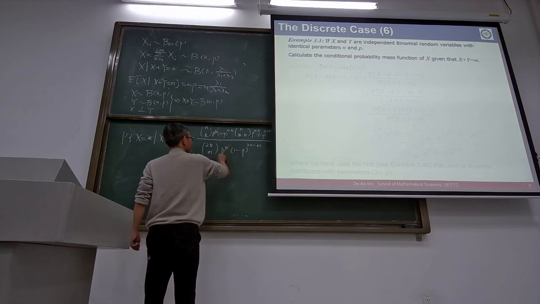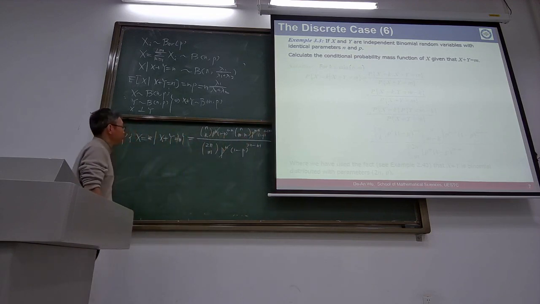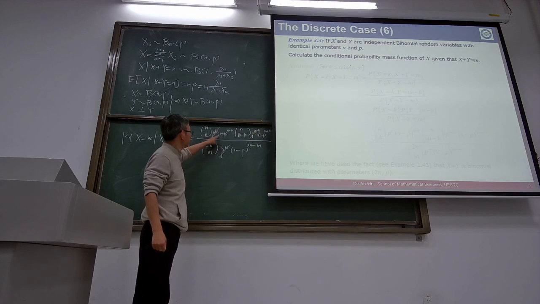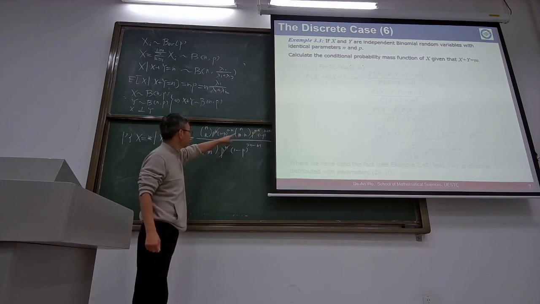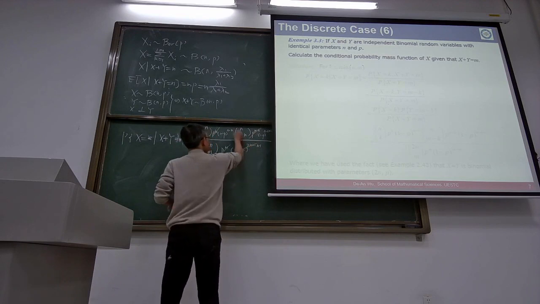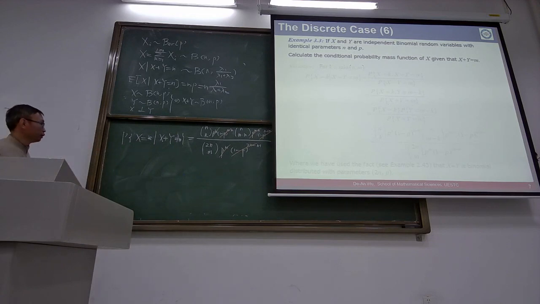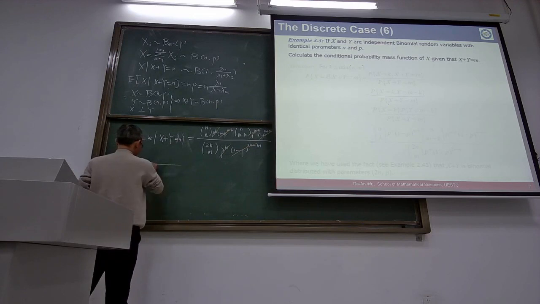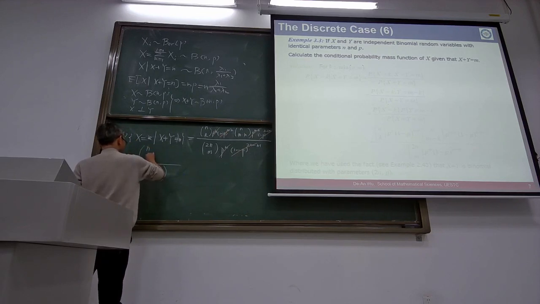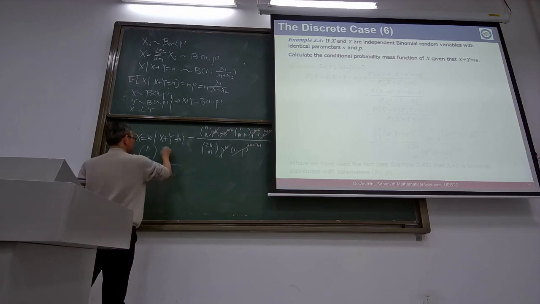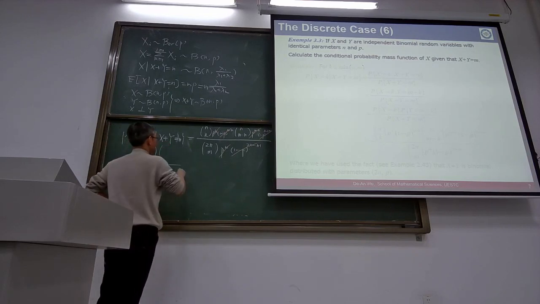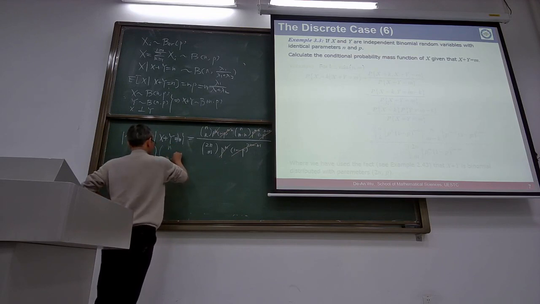Answer: 2n minus m plus k. This gives 2n choose m and n choose k and n choose m minus k.